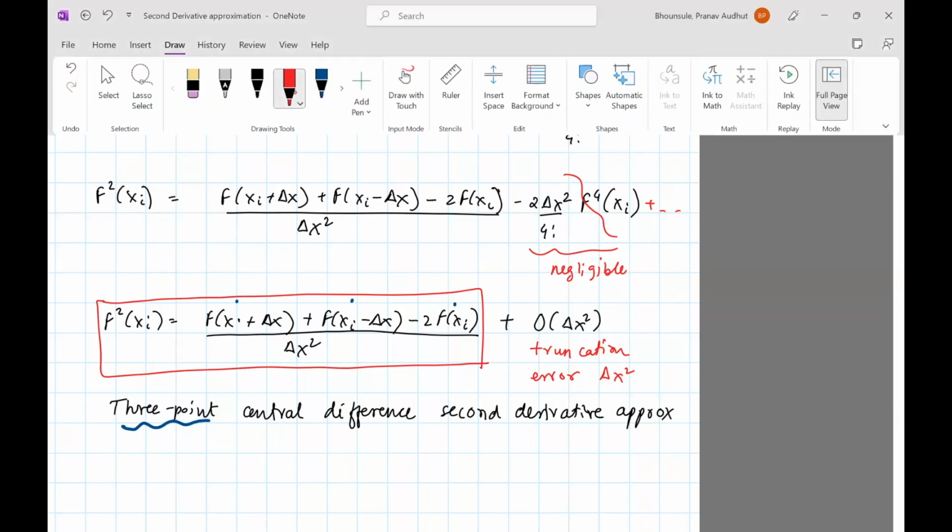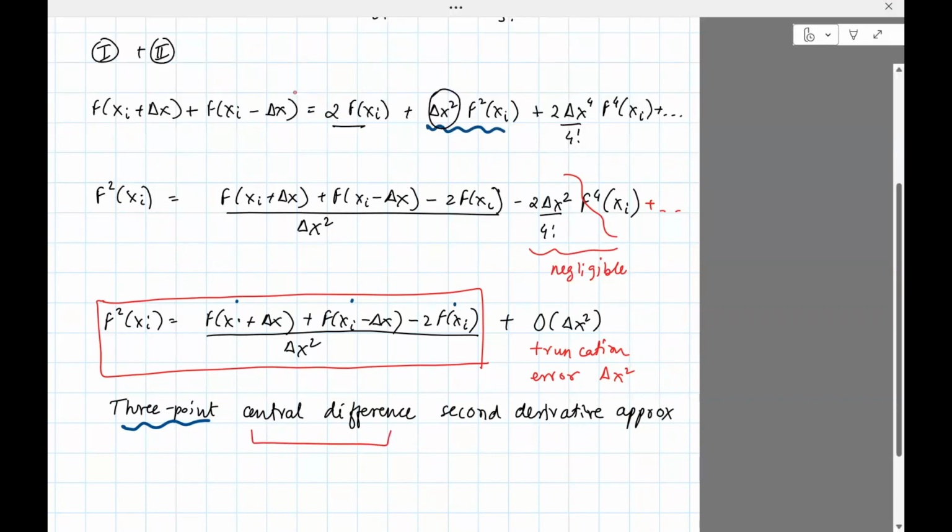And then it's called central difference because it takes the corner points xi plus delta x and xi minus delta x, but it also uses the middle point. So it's using the center point and the sideways points. That's why it's called central difference.